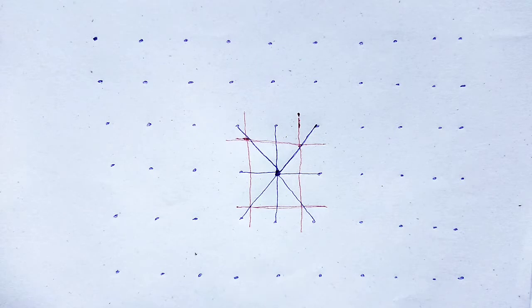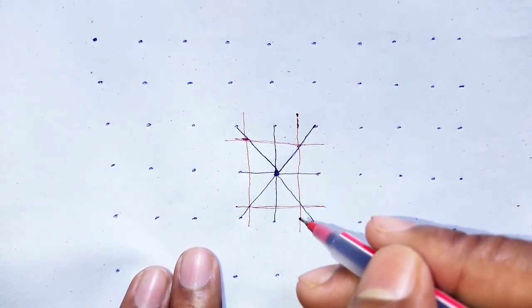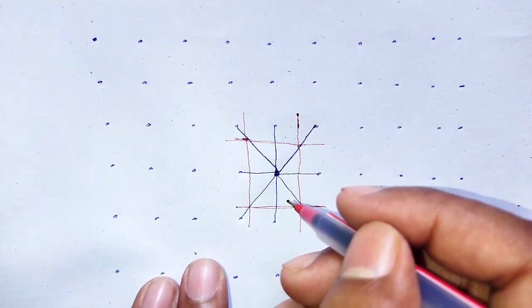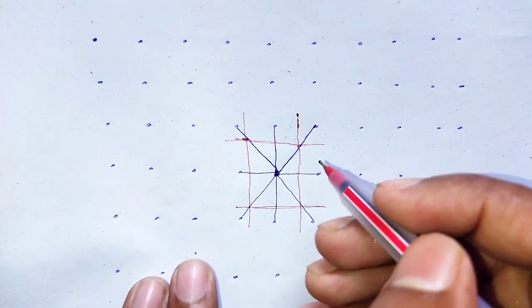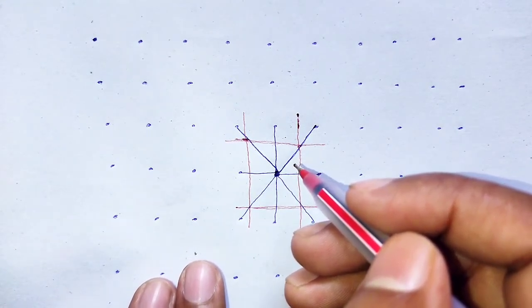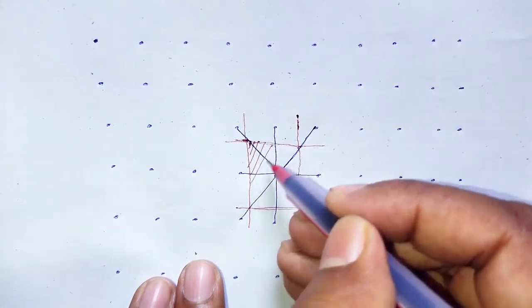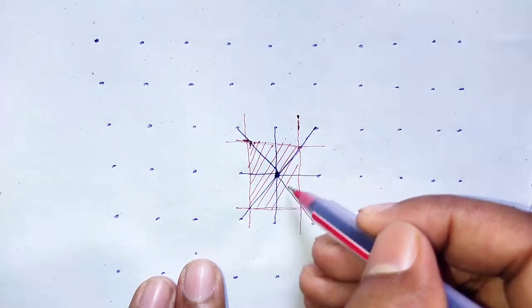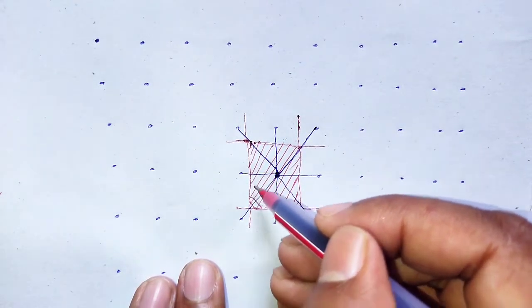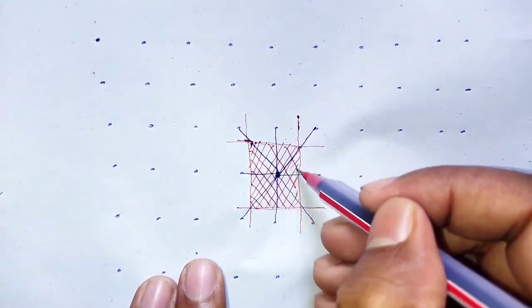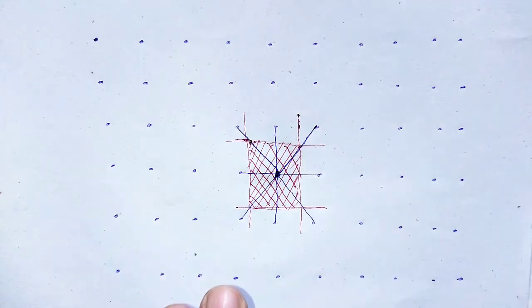Then the region bounded by these perpendicular bisectors is the first Brillouin zone.